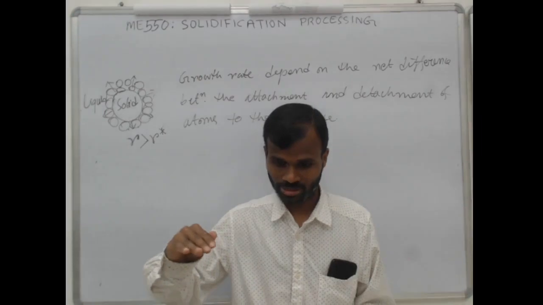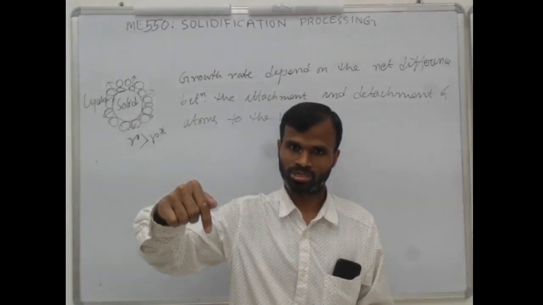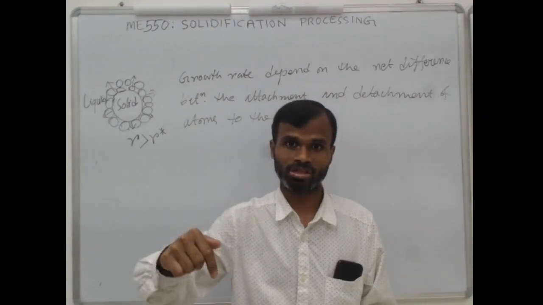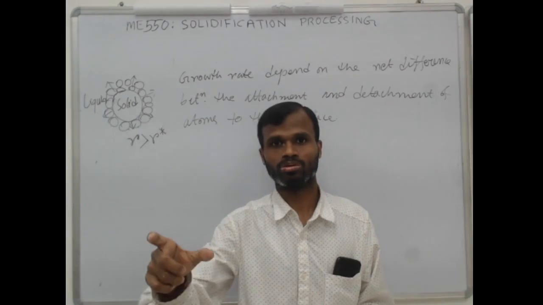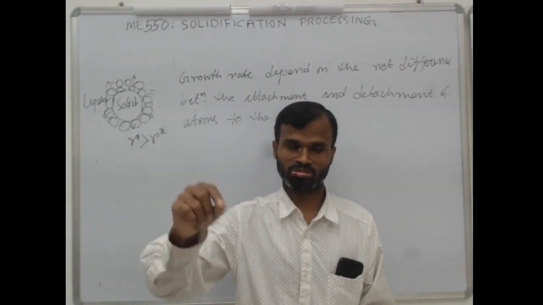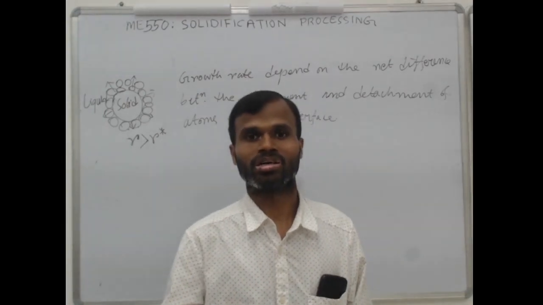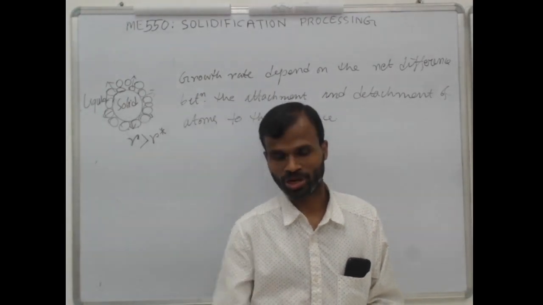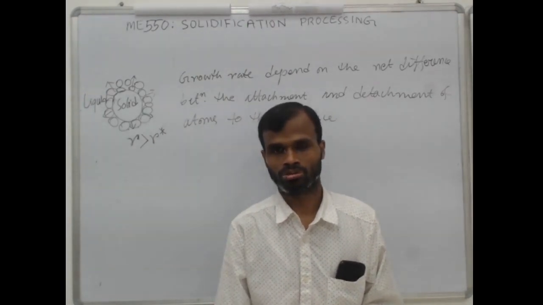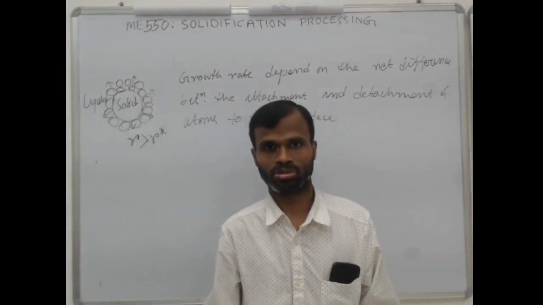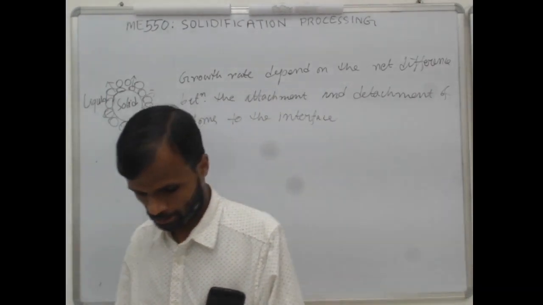If it is flat, there is a very low probability for the atom to stay there, and it will be very difficult for the crystal to grow. Then you have to go for higher undercooling. The temperature of transformation has to be very low. So that is how faceted and non-faceted growth work. The understanding of these things is very important.